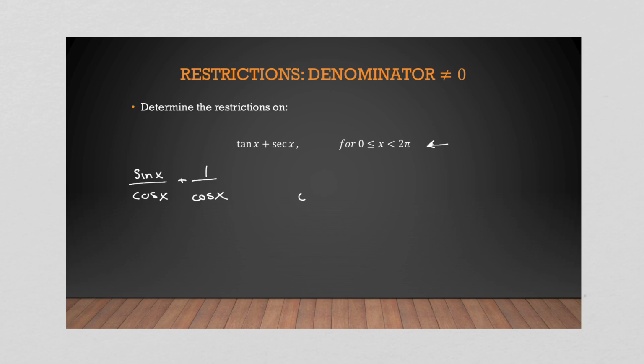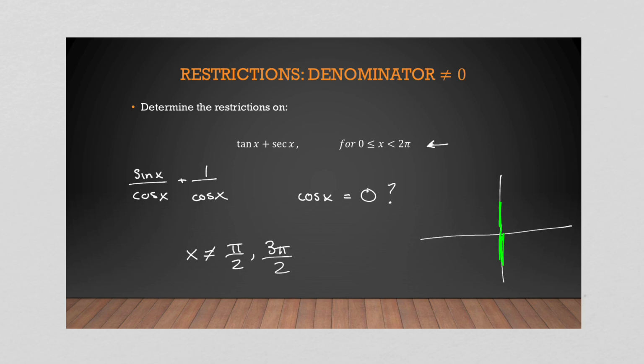So we ask ourselves, when is cos x equal to 0? That occurs at pi over 2 and 3 pi over 2. So our domain restriction is that x is not allowed to equal pi over 2 or 3 pi over 2.